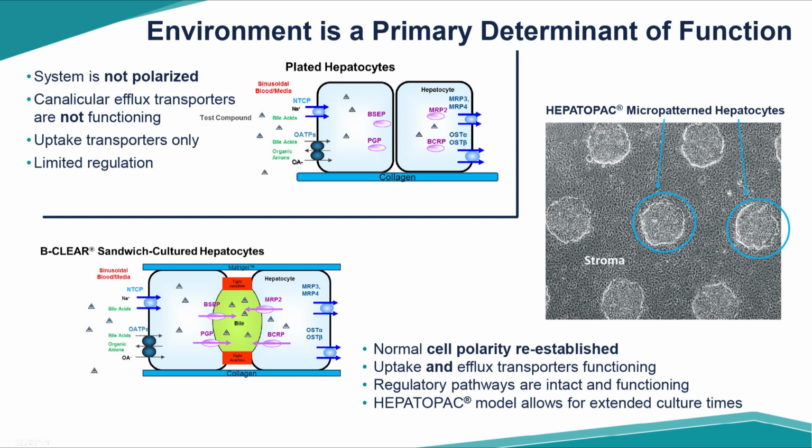And both of these are fully polarized systems so that they have uptake and they form these bile ducts here that are separated from the media by tight junctions, and so things that are taken up into the hepatocyte are effluxed into this bile pocket by these canalicular transporter proteins. And so those are expressed, localized, and functioning in these polarized models, very similar to what is happening in vivo.